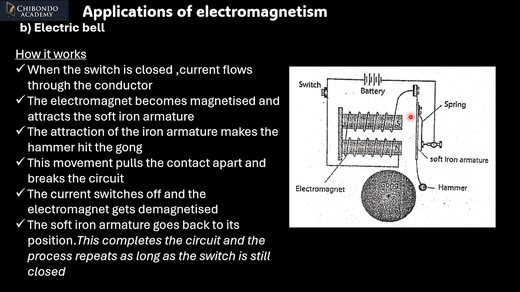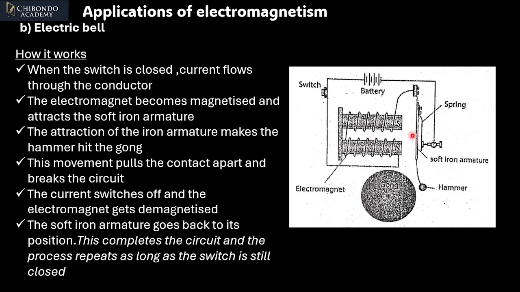So how does the electric bell work? One has to press the switch to close the circuit. When the circuit is closed, there is current flowing throughout the conductor. When current flows through the circuit, the electromagnet becomes magnetized.